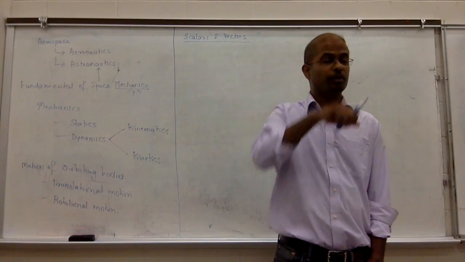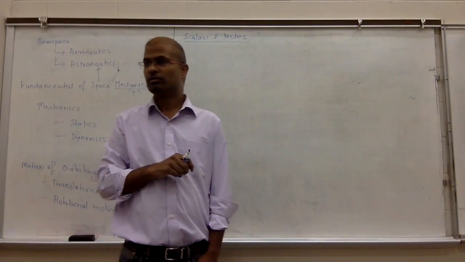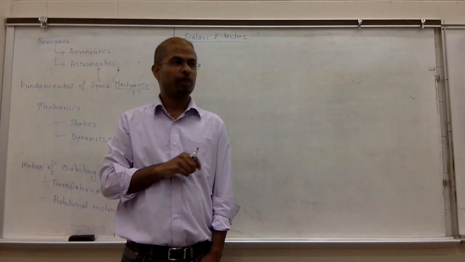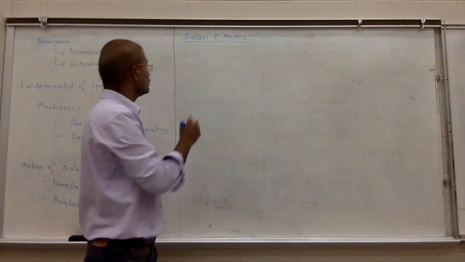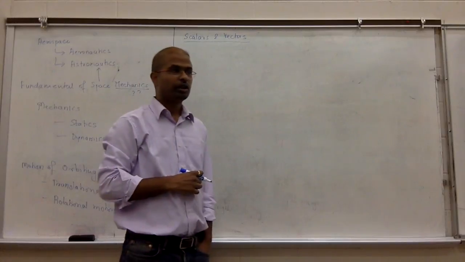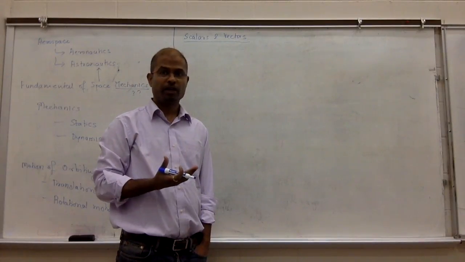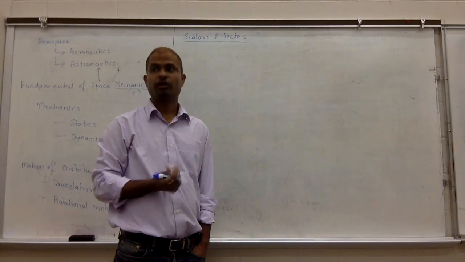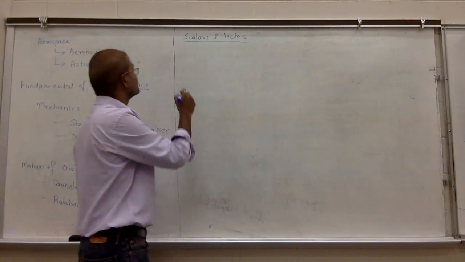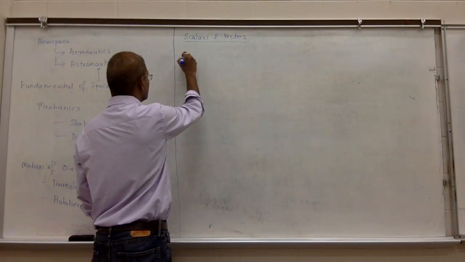Can you represent magnitude and direction in physics? You need mathematics to do that, right? So what we do is we identify quantities in physics which can have either magnitude only or magnitude and direction. So scalars and vectors are essentially physical quantities.